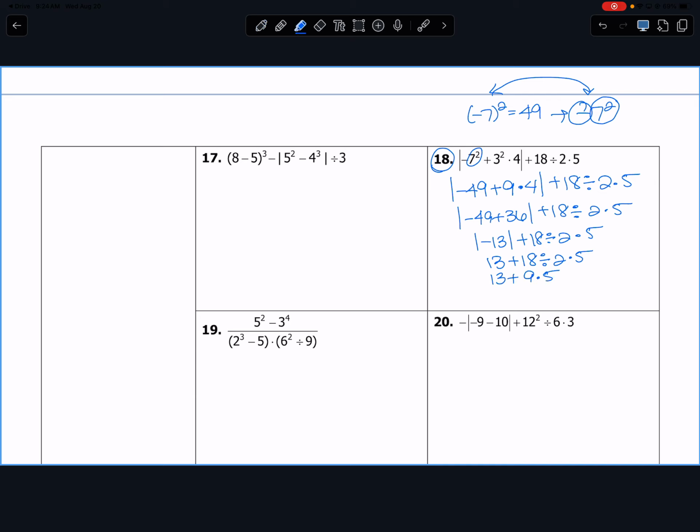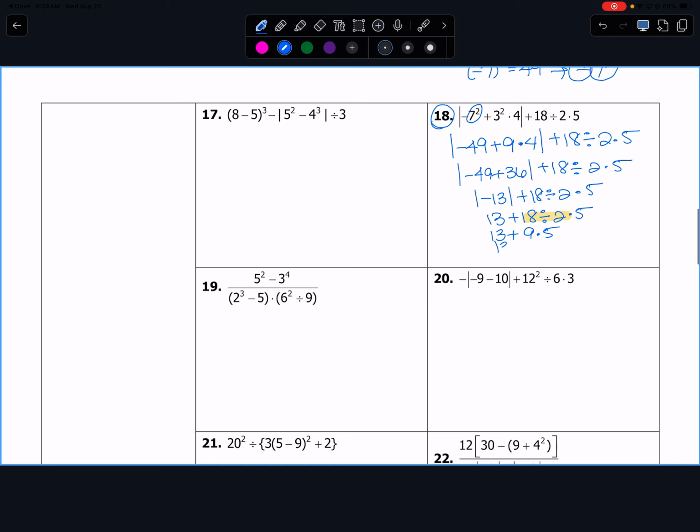So I do my 18 divided by 2 first. So then 13 plus 45, which gives you a 58.